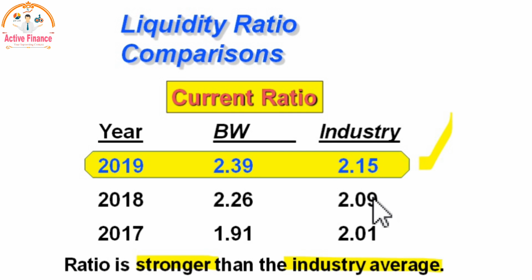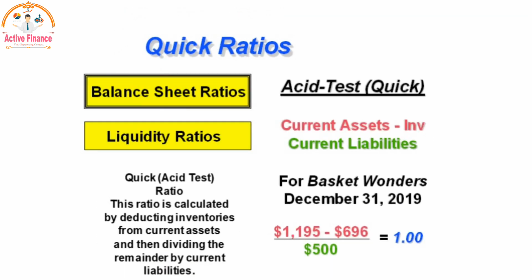Now there is another ratio which is included in liquidity ratio, which is quick ratio. Now we will find quick ratio of liquidity. So this is the second ratio in liquidity, which is the quick ratio. It is more authentic than current ratio. So it is also called the acid test or quick ratio.